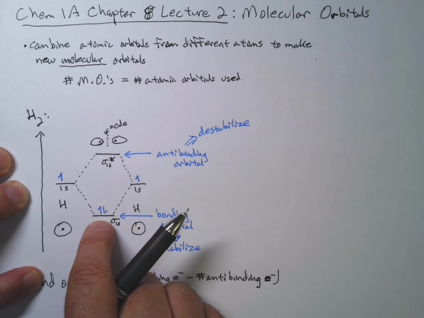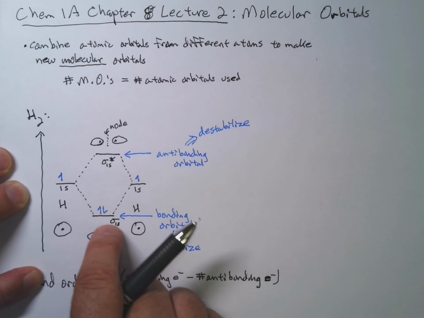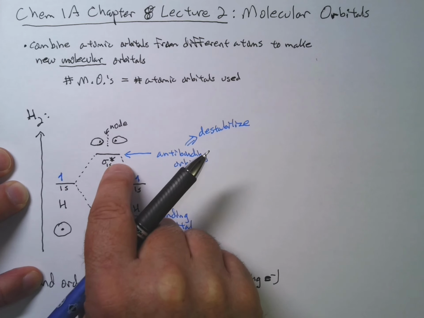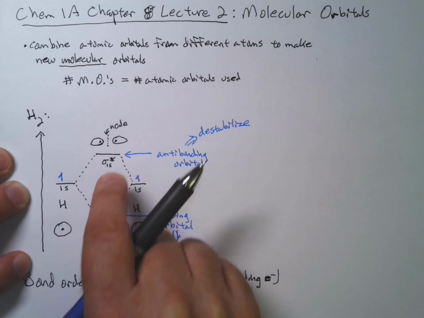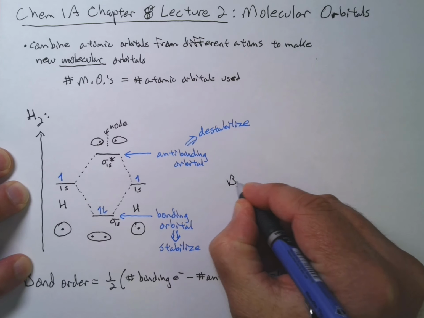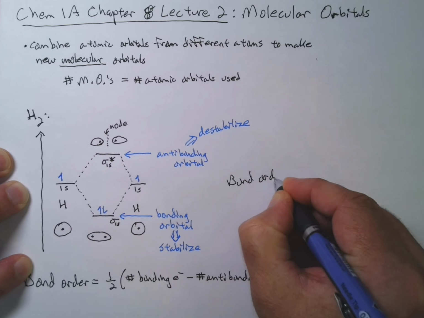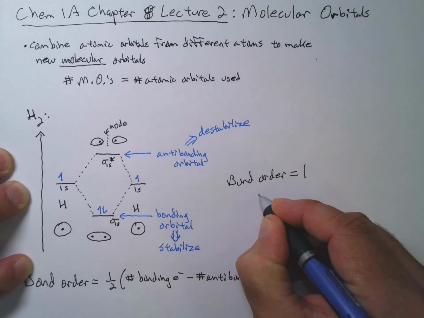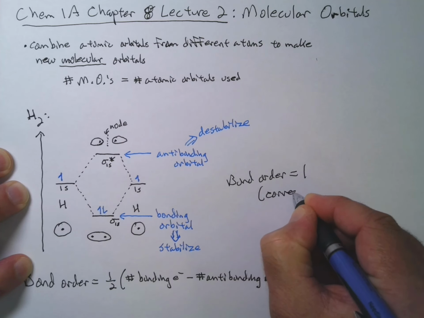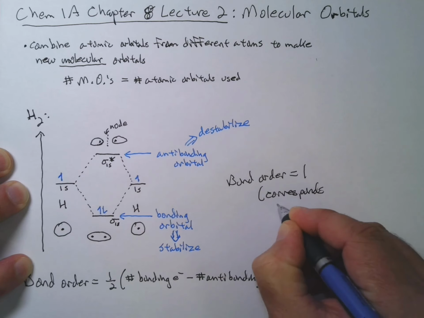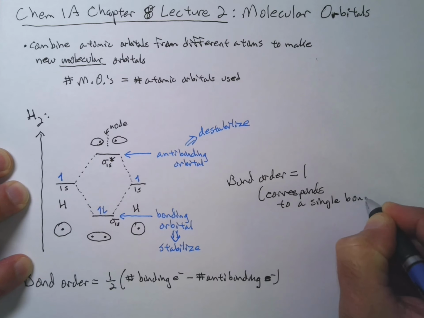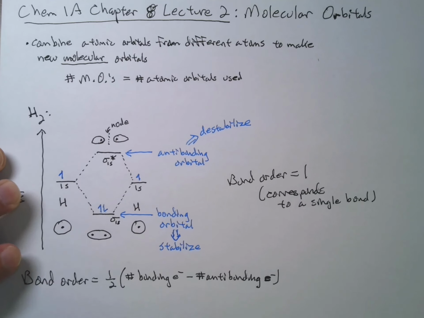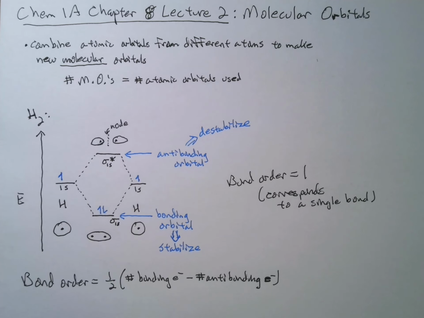In this case, our bonding orbital, the sigma 1s orbital, has 2 electrons in it. And we have no electrons in the sigma 1s star antibonding orbital. So our bond order here is equal to 1. And that corresponds to a single bond, or in valence bond theory, a sigma bond.